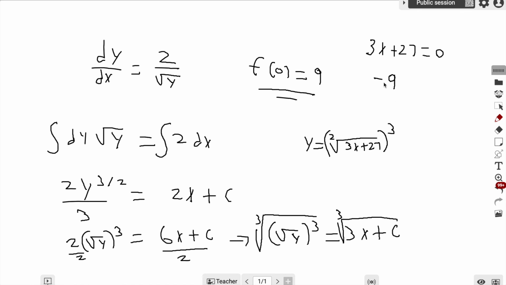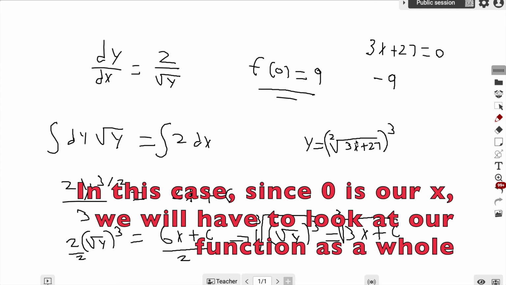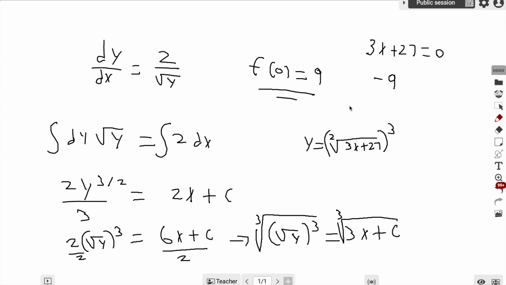But how would we know if it was going to be greater than or less than? Since this is 0, we have to take a look at the equation, in other words, where it cannot be a negative value.